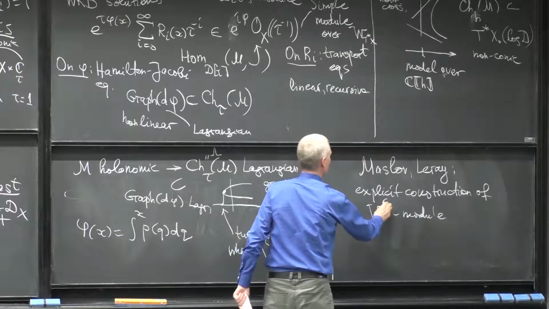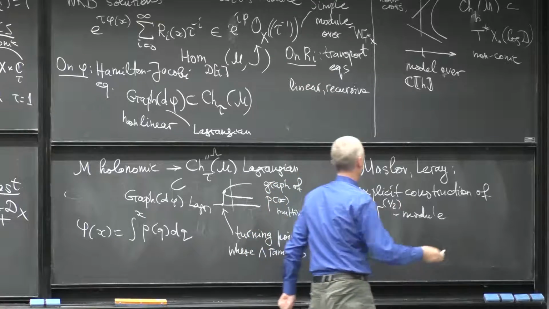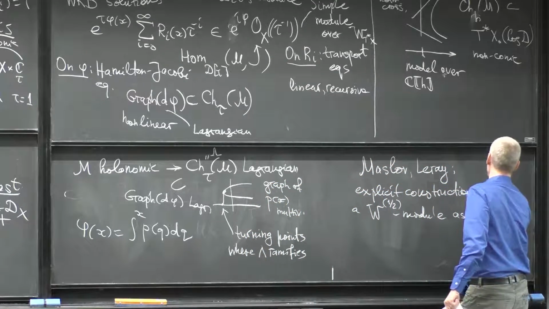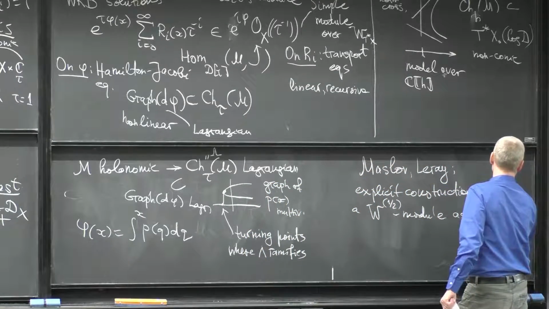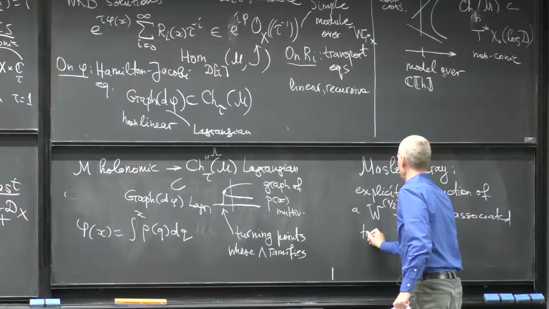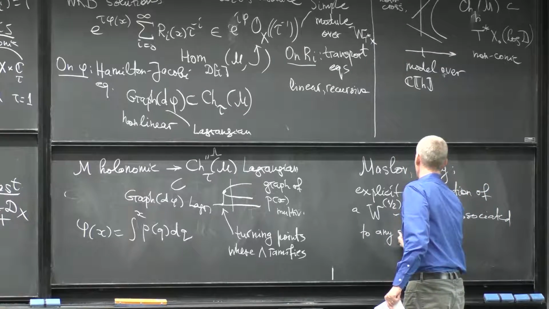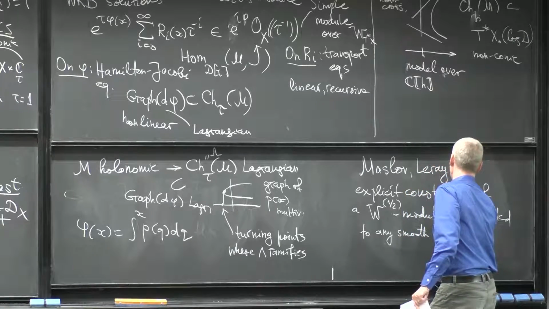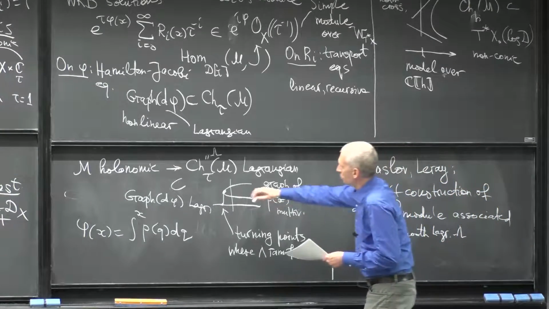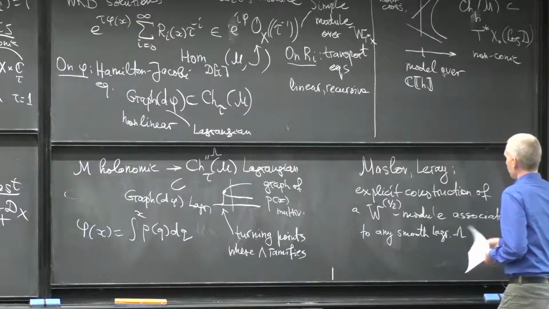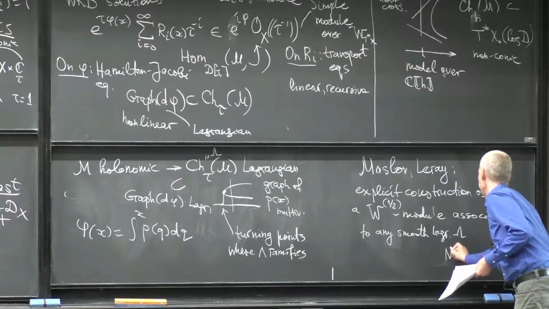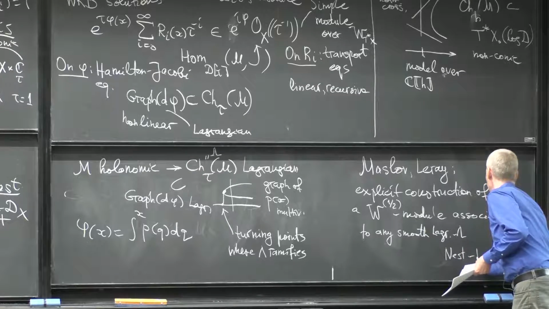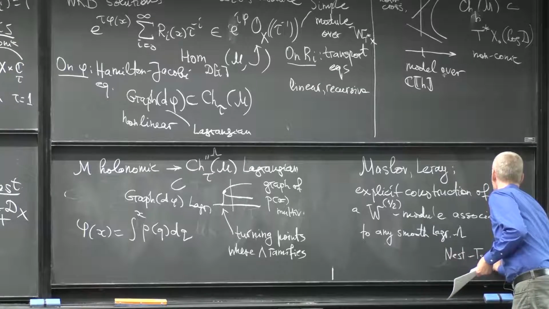And strictly speaking, we need to twist it with a half form, associated to any smooth Lagrangian, including the turning points. And this was also clarified by Nest and Tsygan, which was the precursor of the work Boris was talking about yesterday.